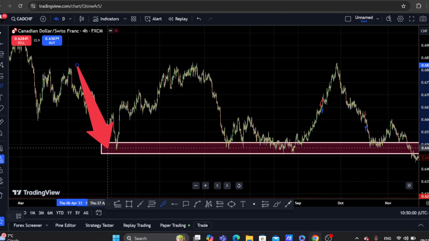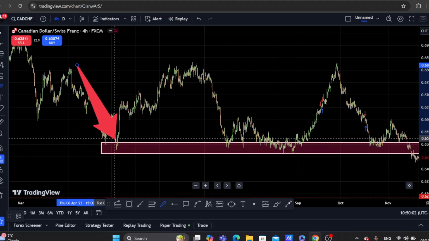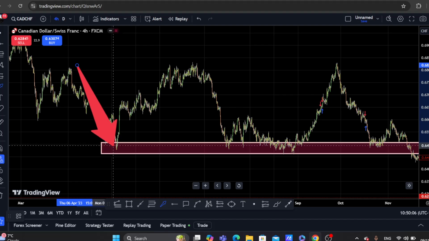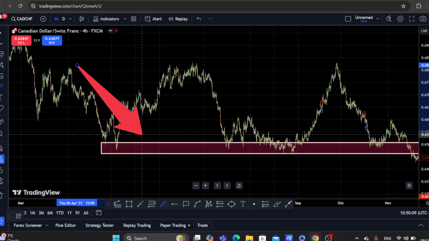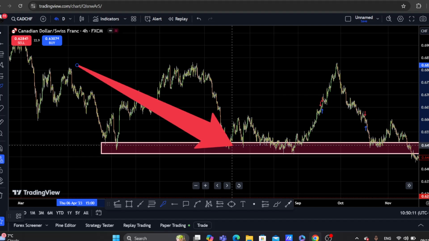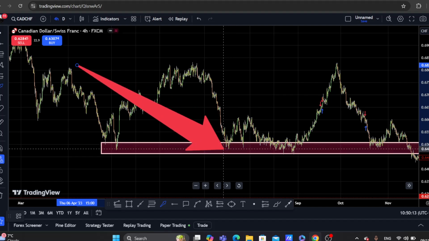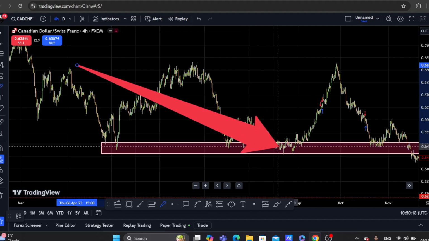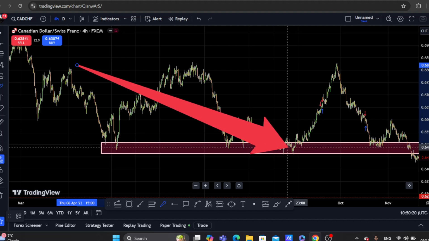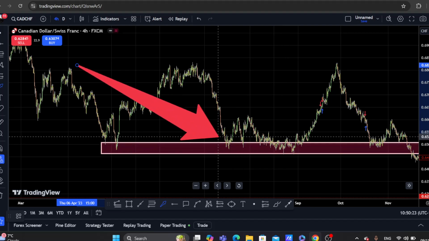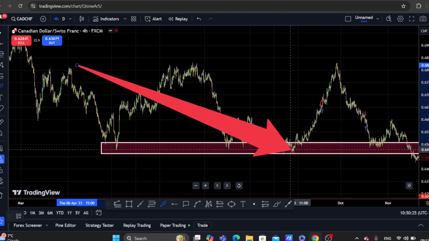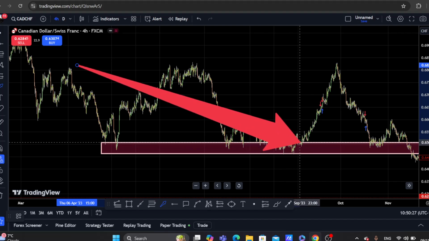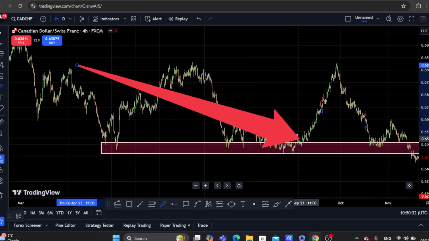If you are a support and resistance trader, by the time the market came back again and rejected this level, you would pay attention to take trades to go long. Any bounce of this level, you will be going long.